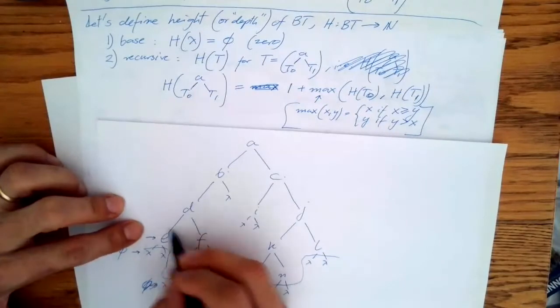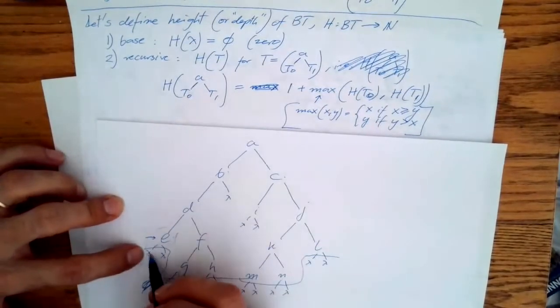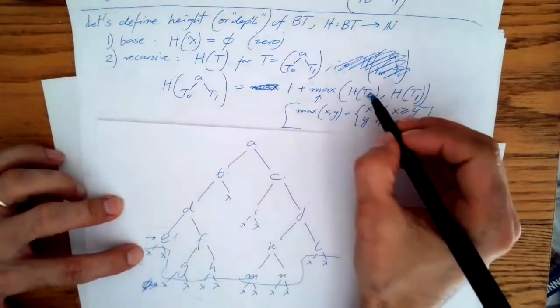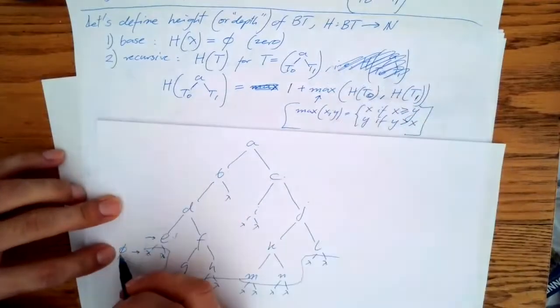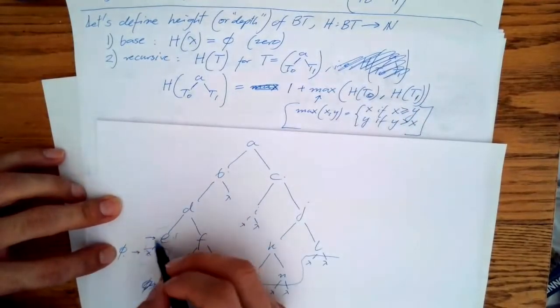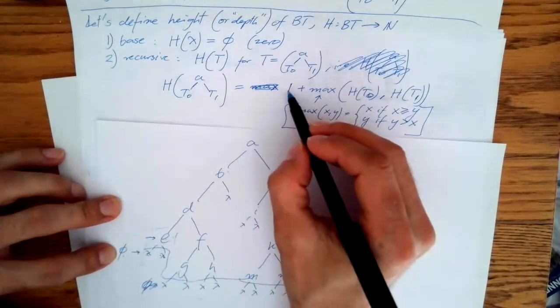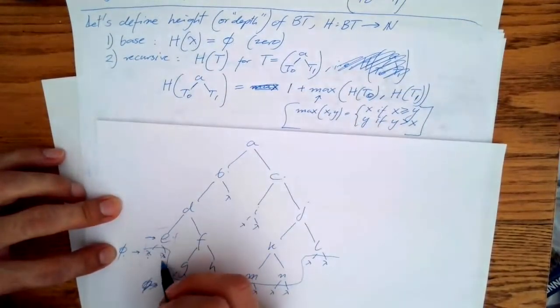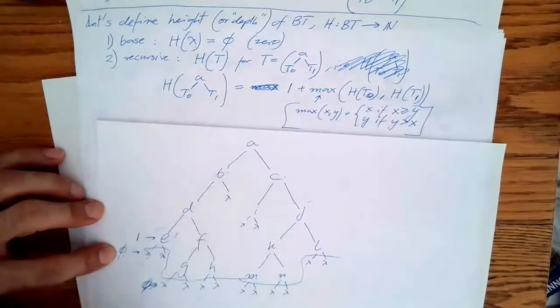He's created by taking two base cases, two subtrees, and these are the T0 and T1, and their height is already known, it's 0. So to compute the height of this guy, I take 1 plus the maximum of 0 and 0, which is of course 0, therefore the height of this guy is 1.